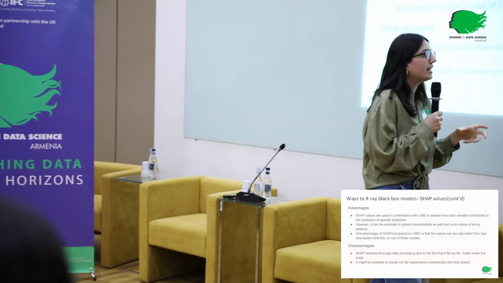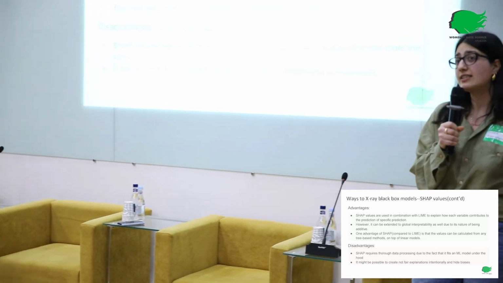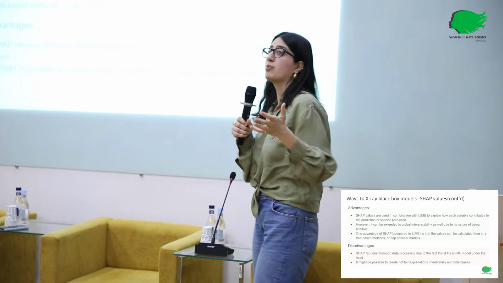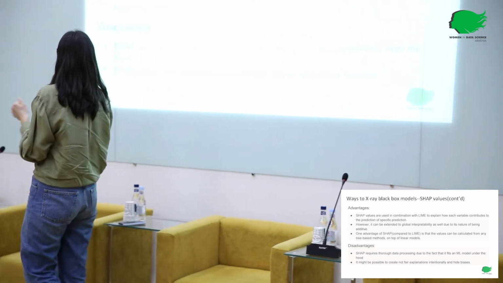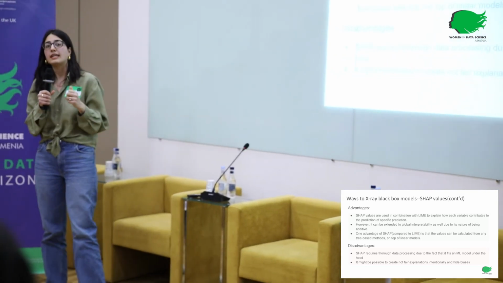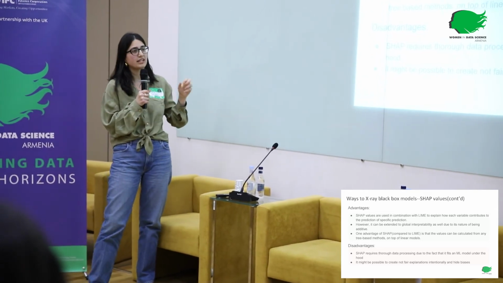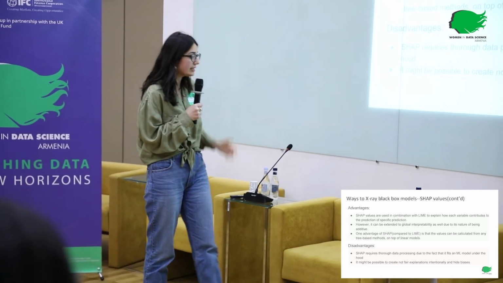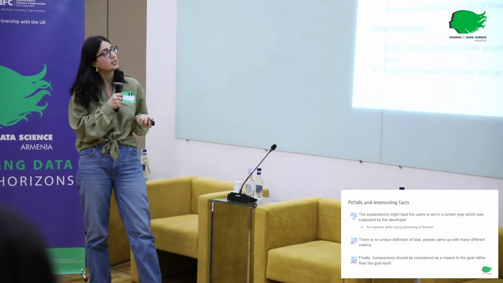And another thing is that even if I change the seed when building my model, the feature importances may change. And the final point about SHAP is that model developers can manipulate the explanations provided by SHAP, and they can hide biases intentionally. And this leads me to the last point of my presentation.